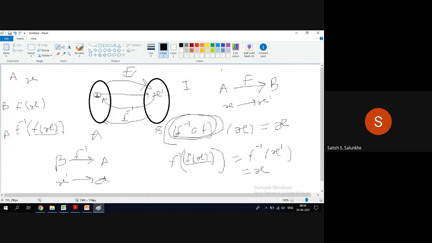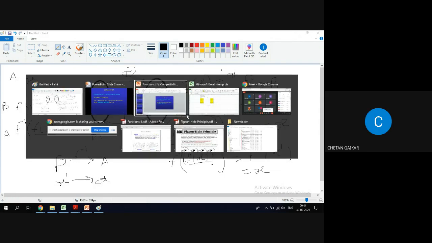We are just labeling f inverse composition f as I. And we call this I an identity function. Why? Because if you perform I of x, you will get x. That's it. So is it clear, Chetan? Yes, sir. Clear, sir. So going ahead.